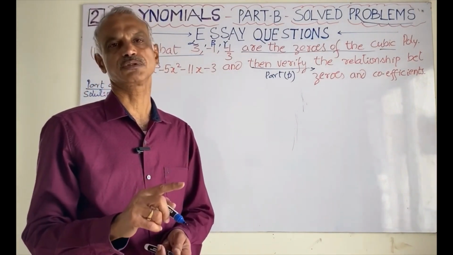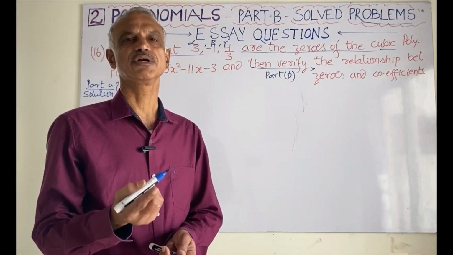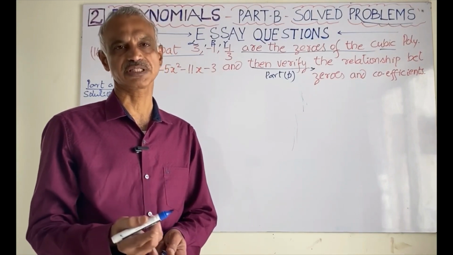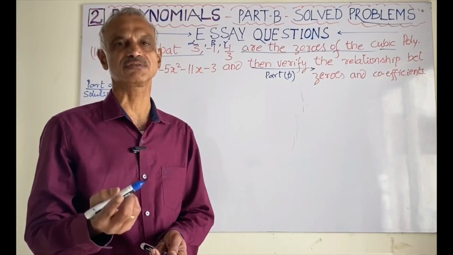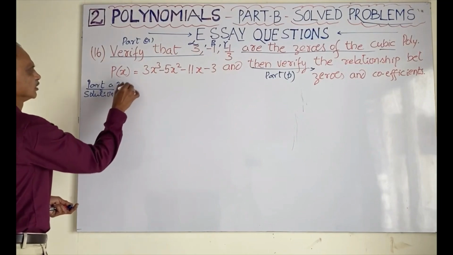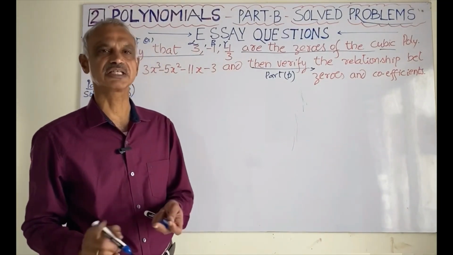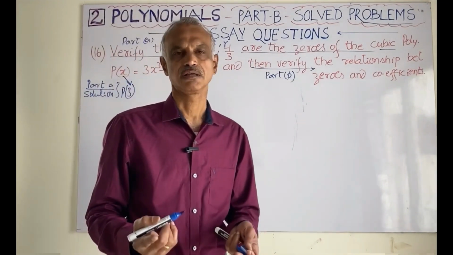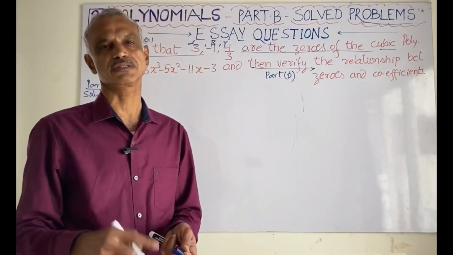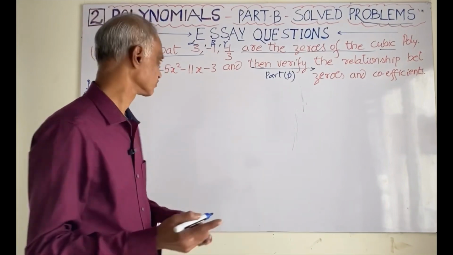We have to substitute 3 in place of x, so that we get P of 3 equal to 0. Then we can say 3 is the zero of the polynomial. See, substitute in P of 3, in place of x you substitute 3, because P of 3 is the remainder. If you get P of 3 equal to 0, remainder equal to 0, then we can say 3 is the zero of the polynomial.